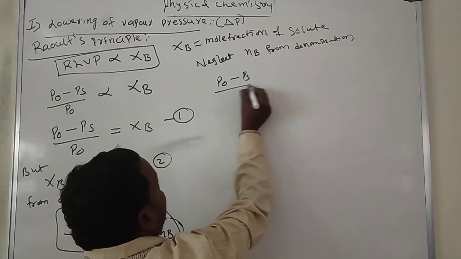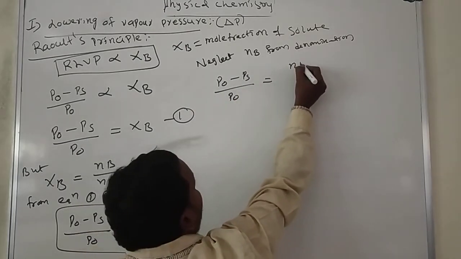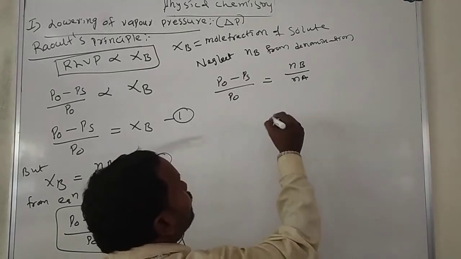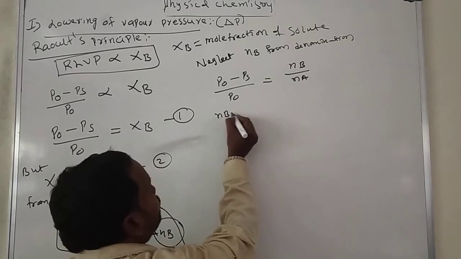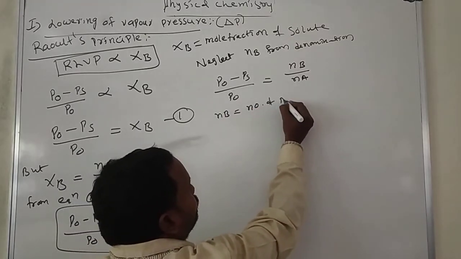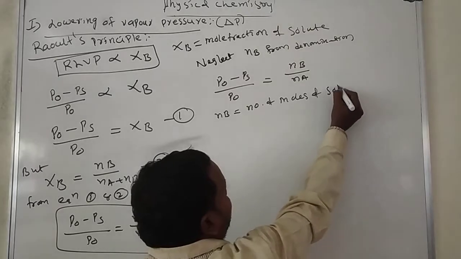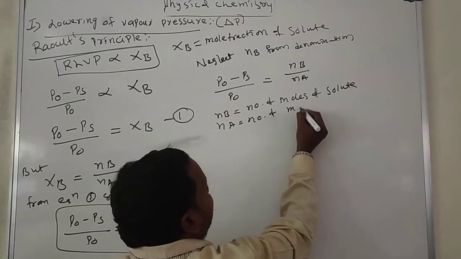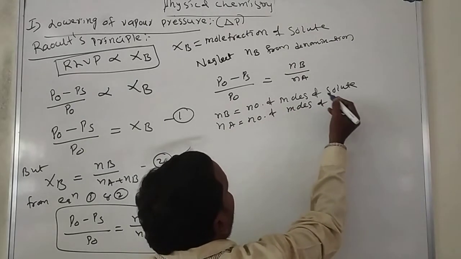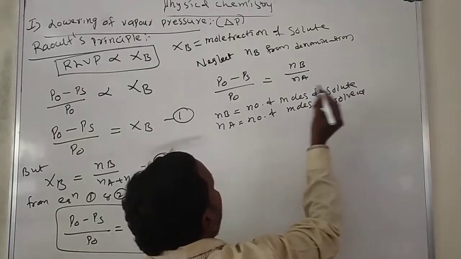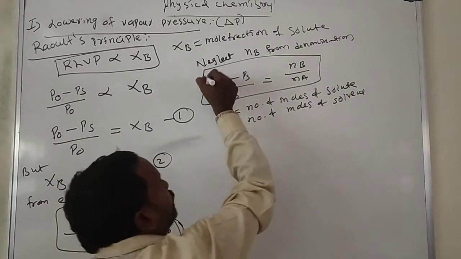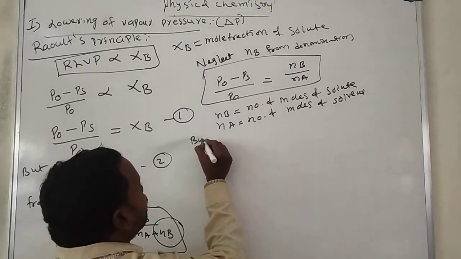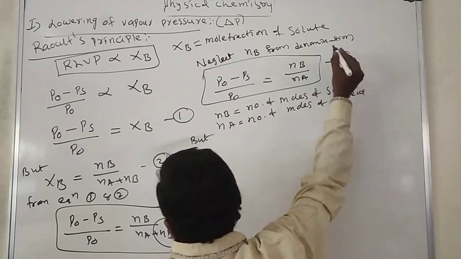P naught minus Ps by P naught is equal to Nb by Na, where Nb is the number of moles of solute and Na is the number of moles of solvent. This is one more mathematical expression of Raoult principle. This is the third equation.